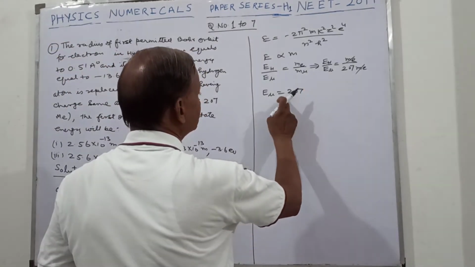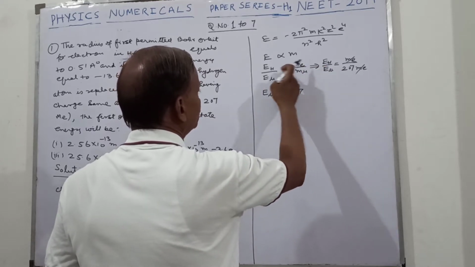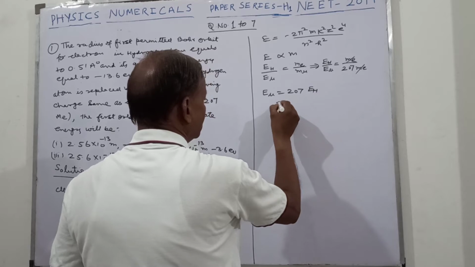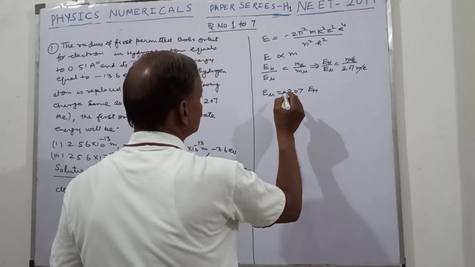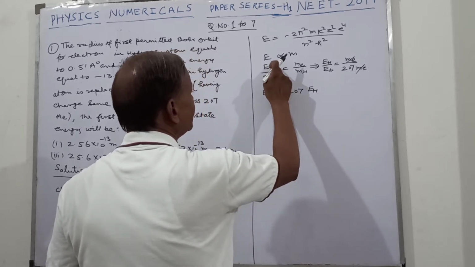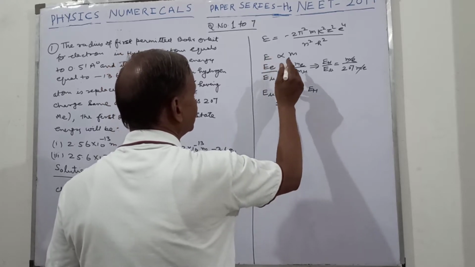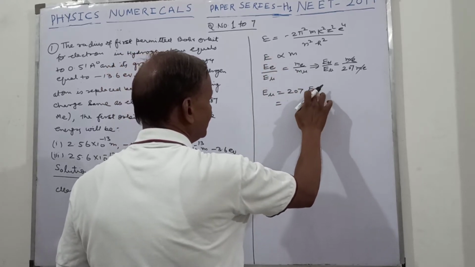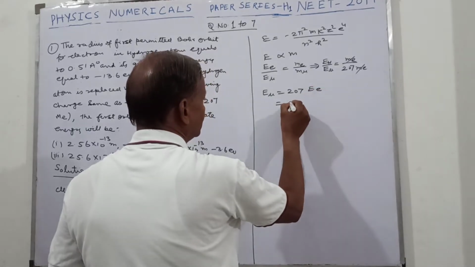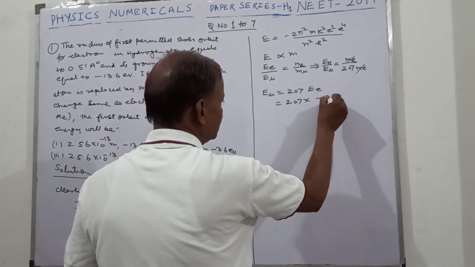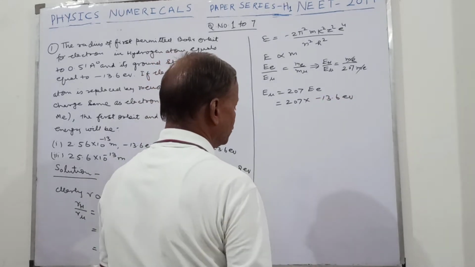And now E mu equal to 207 into EH, where EH is the energy of the electron. So this is 207 into minus 13.6 electron volt.